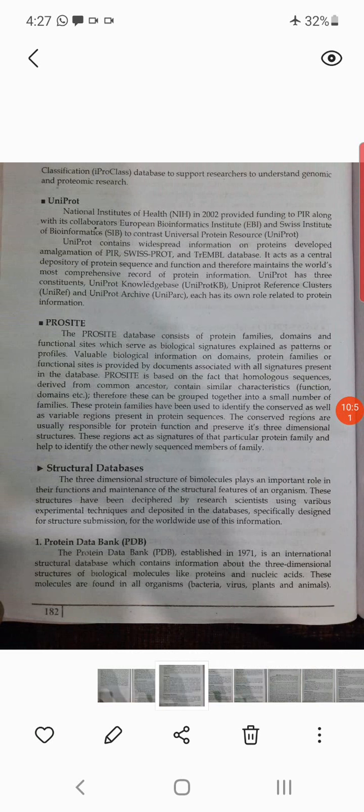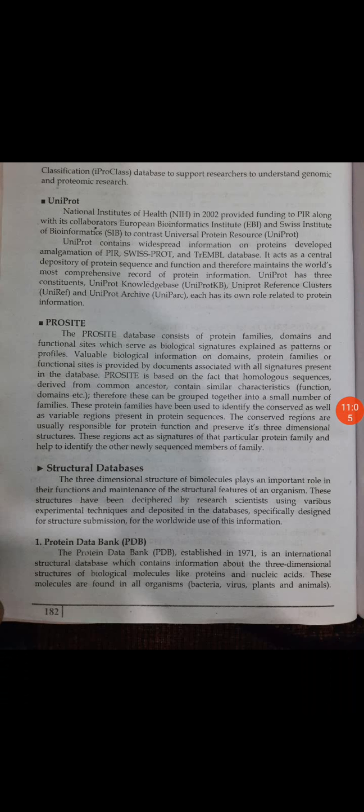Then UniProt. The National Institutes of Health, in 2002, provided funding to PIR along with its collaborators European Bioinformatics Institute and Swiss Institute of Bioinformatics to construct the Universal Protein Resource, means protein sequences they prepare.